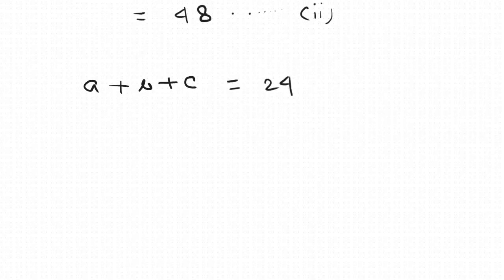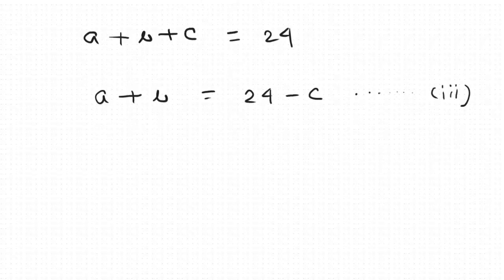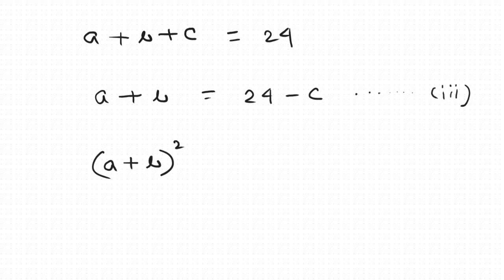From here we can write A plus B equals 24 minus C. We can give this one as equation number 3, and we can square both sides and write A plus B whole square equals 24 minus C whole square.